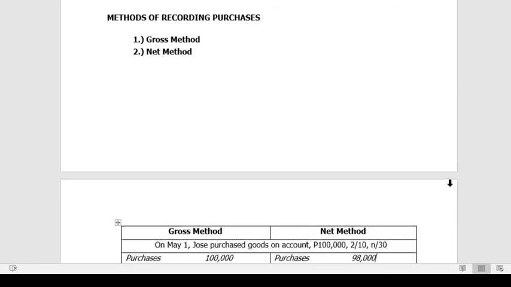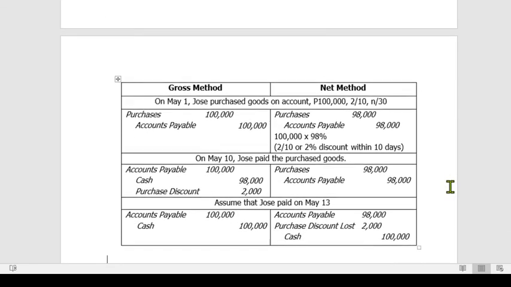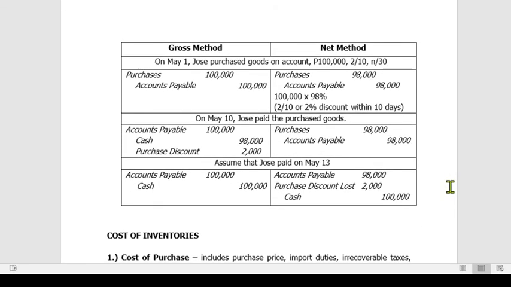Okay, the methods of recording the purchases would be the gross and the net method. This is also discussed in your basic accounting. So under the gross method, you have to recognize the gross amounts of the purchased goods. Tingnan mo yung example. The purchases is at 100,000. While in the net method, you already have recognized yung discount na 2%.